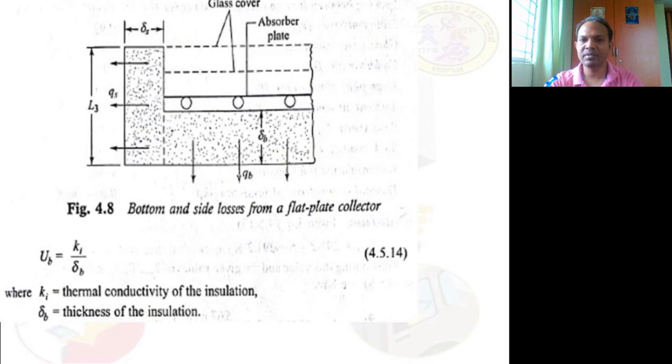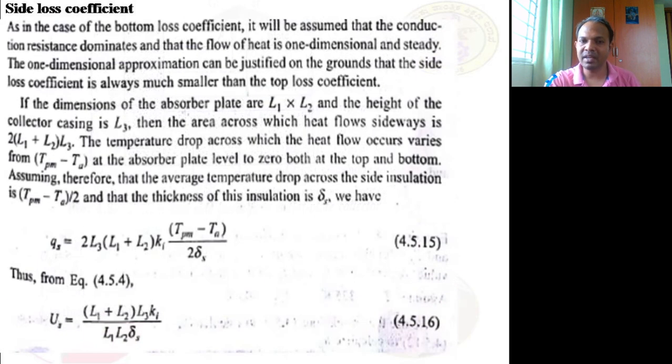That is what he is telling: there are two side walls, one on this side and the other on that side. L3 is the height, and the width is taken as L1 on this side and L2 on that side. So the total area is (L1 plus L2) into L3, for two sides.